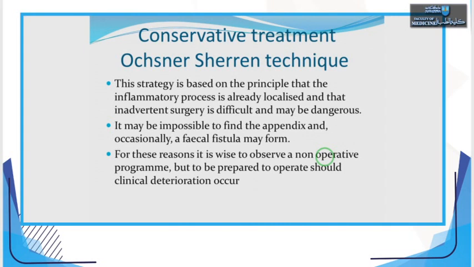So the reasons for using this conservative treatment: the first is the difficulty of trying to dissect through inflamed tissues. Second, you may not be able to find the appendix, and sometimes because of a minor perforation or something like that, you can cause a fecal fistula.